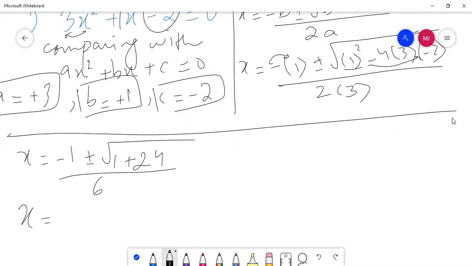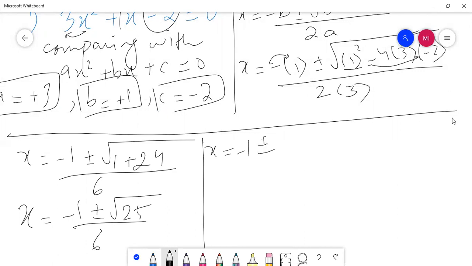So x will become minus 1 plus minus square root of 1 plus 24, 25, upon 6. Square root of 25 is 5, upon 6.